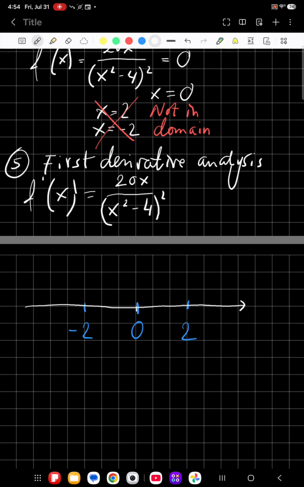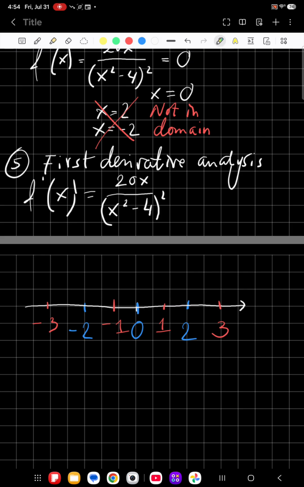Next thing, let's pick those testing numbers. Right, so -3, -1, 1 here, and 3. Okay, so we just check those testing numbers.